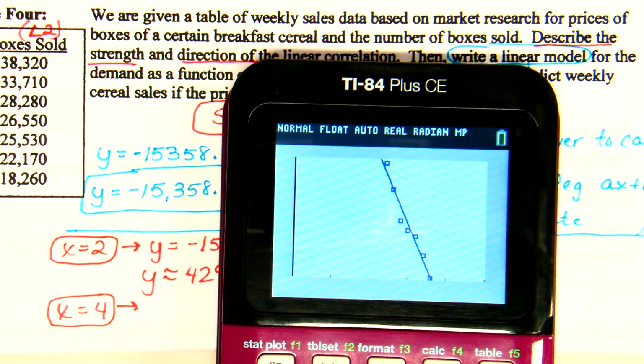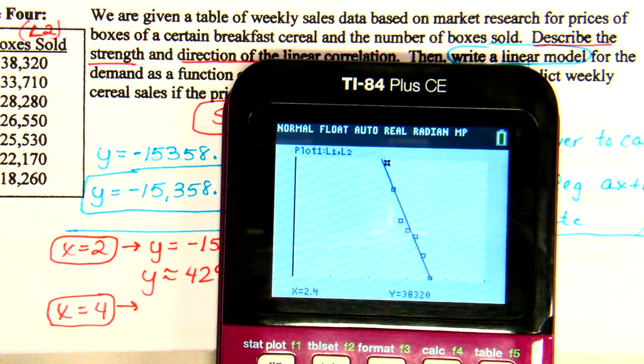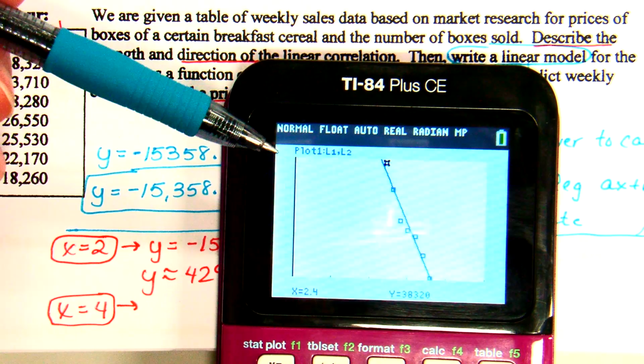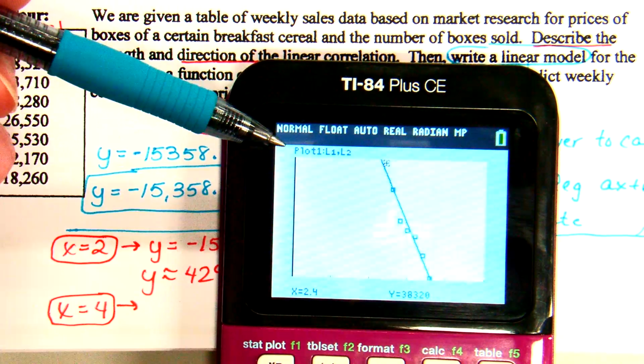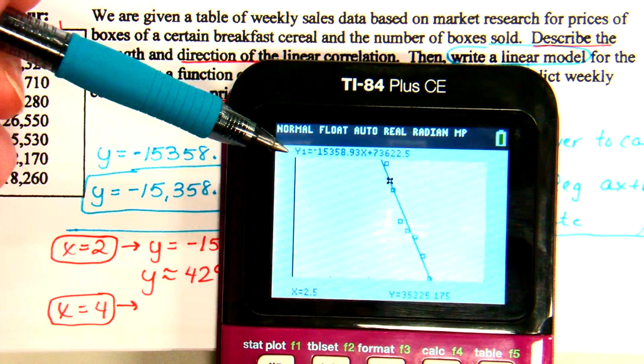When I hit trace the first time, it says I'm tracing the stat plot, those dots. Does that really help me? No. So if you use the up or down arrow, that will toggle what you're tracing. Notice now I'm tracing my equation.